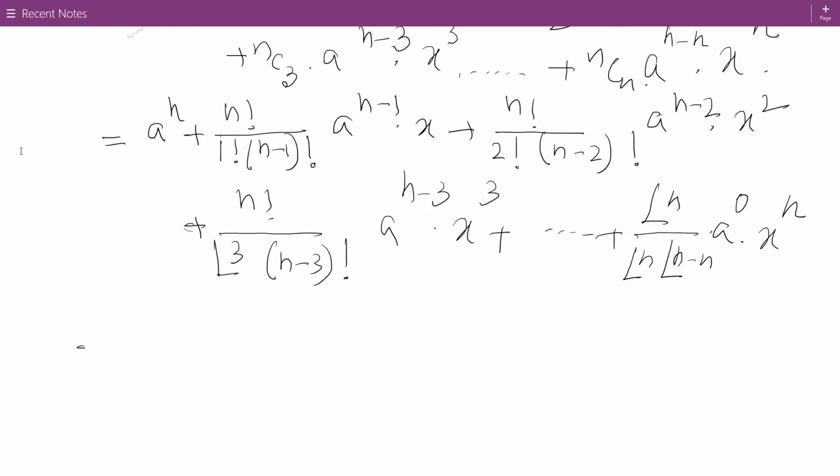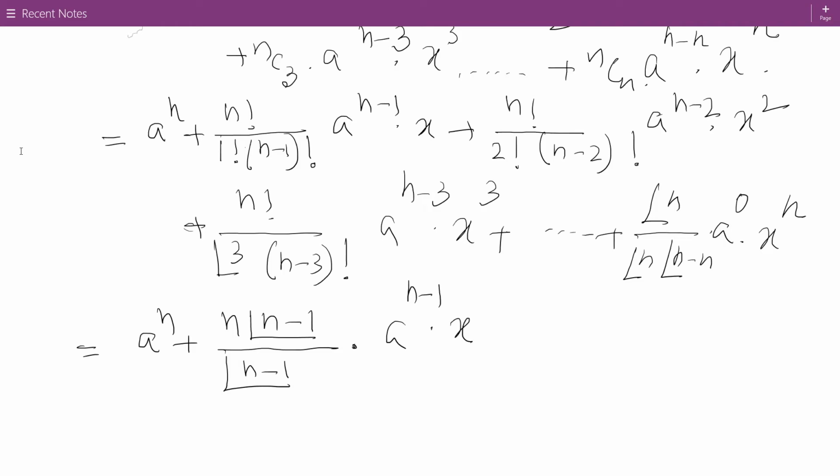Then you can write a to the power n plus factorial n means n into factorial n minus 1 by factorial 1, means also 1, factorial n minus 1, for this into a to the power n minus 1 into x.